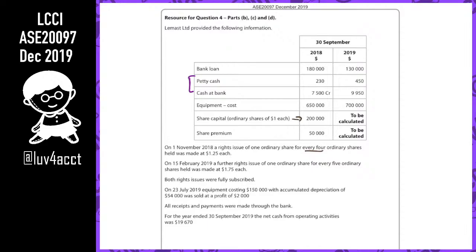So 1 for every 4 means our new issue is 50,000, and we are going to receive 1.25 each. That is 62,500. Here we add 50,000, and here we add 12,500.